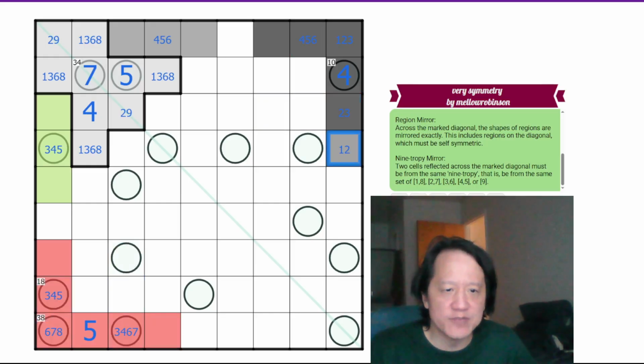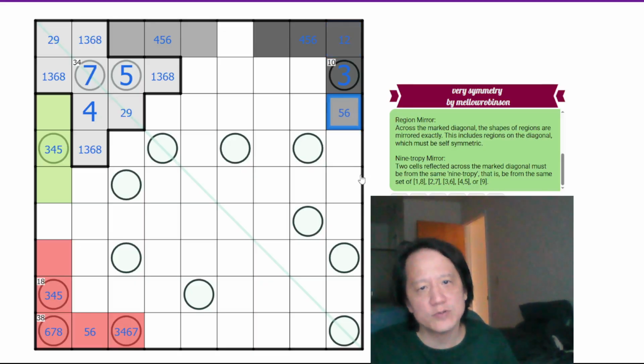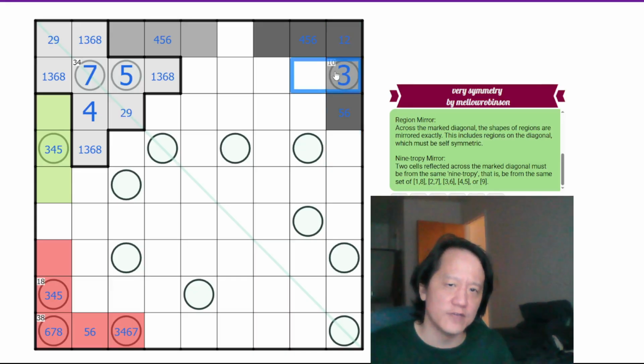Okay, what happens if it's just 3? If this is 3, this is not 3. We can't have 2 or 3 here. So this sees only 3. Oh, the 4 could actually even go here, though. Didn't realize that.